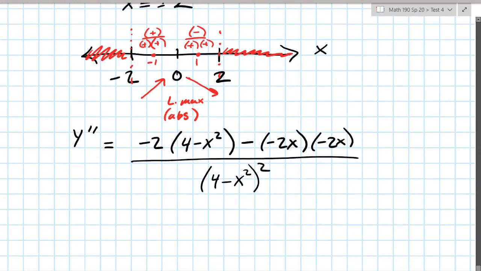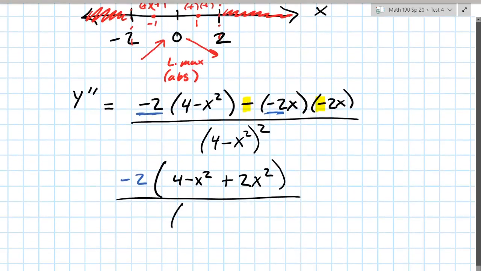Alright, looks like we can factor a 2, and I think I'd like to factor a negative as well, and note that a negative and a negative will give me a positive over there. So factoring out -2 leaves me with 4 minus x squared plus 2x squared over 4 minus x squared squared.